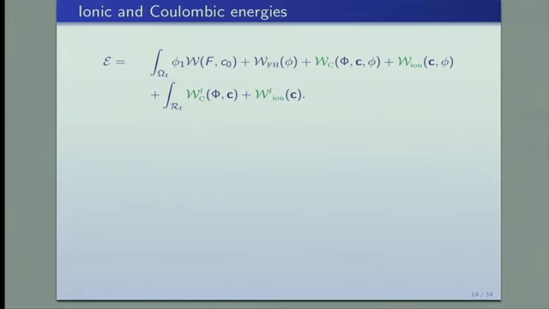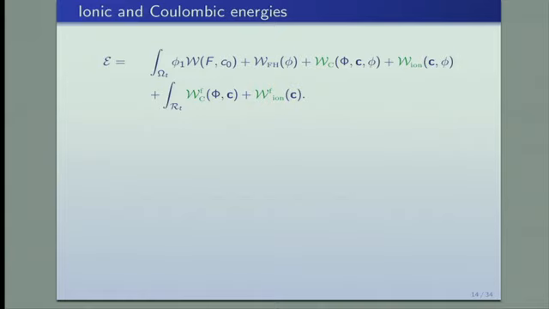So we have an energy inside the gel, and then we also have some energy outside. Inside the gel we have the Coulombic energy. I am using the vector c to denote the family of all the concentration variables, or here again the volume fraction. So that's the Coulombic energy.